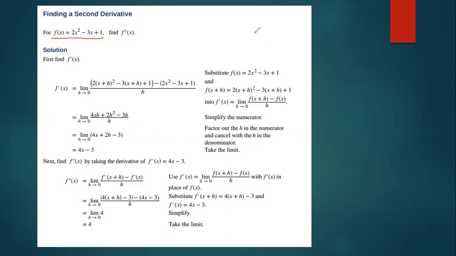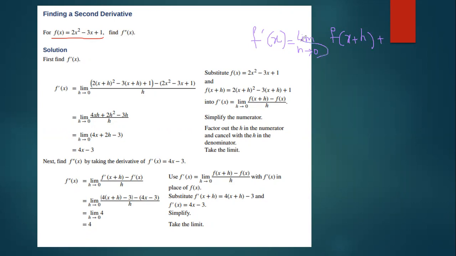So it will be written as f derivative of x equals limit h approaches to 0 of f of x plus h, because there is no domain given.